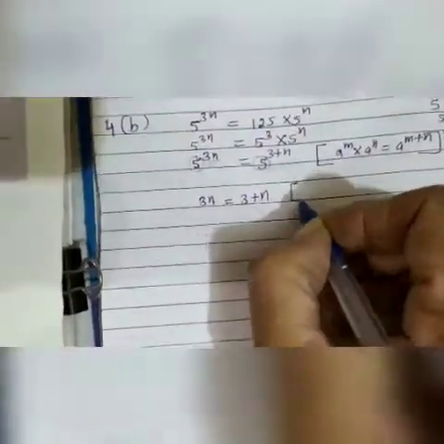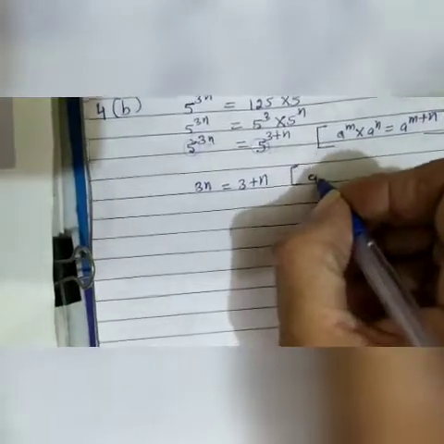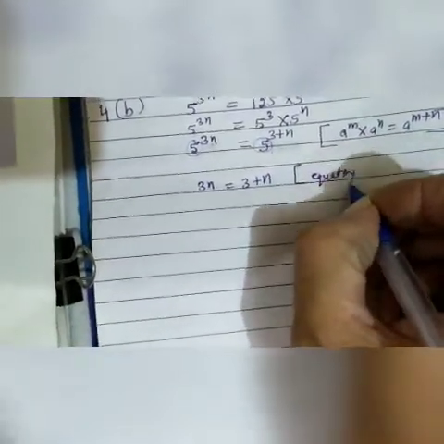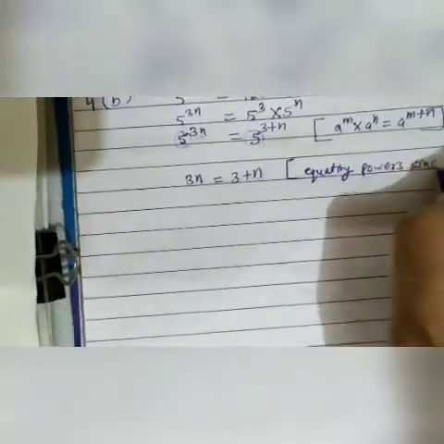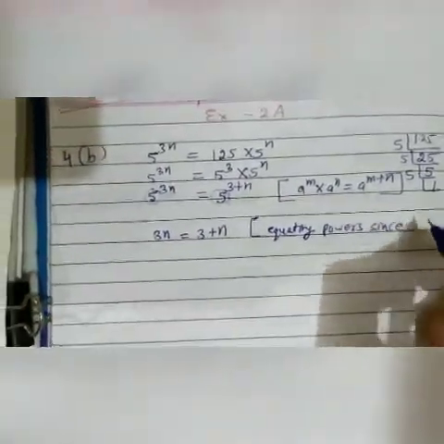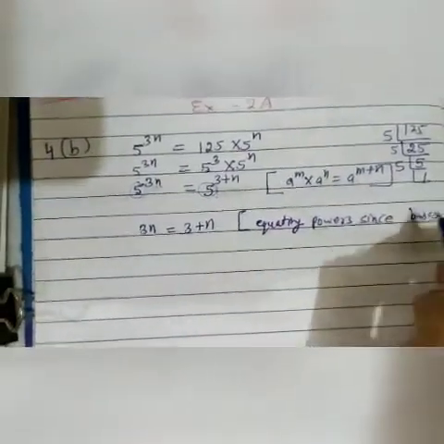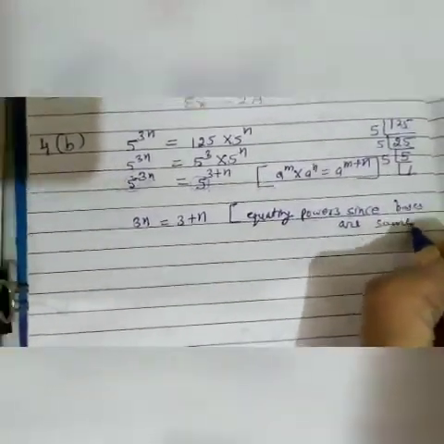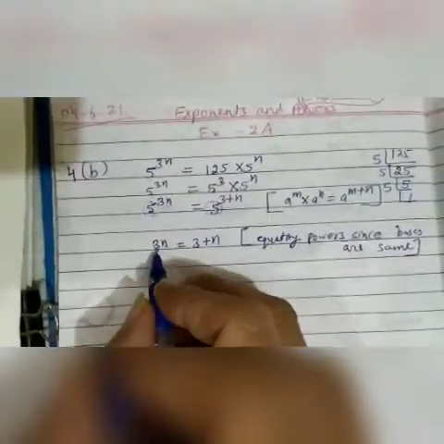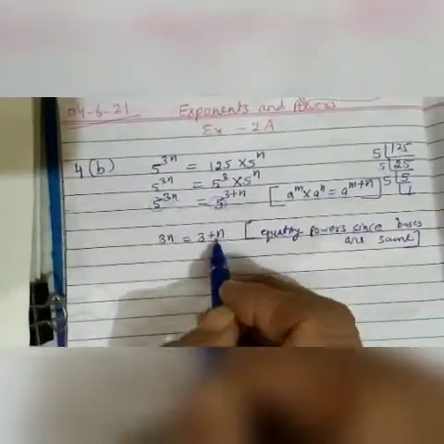So we will write the same law here, equating powers since bases are same. So 3n is equal 3 plus n.